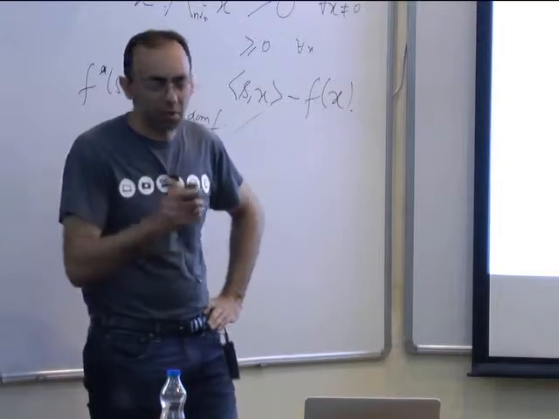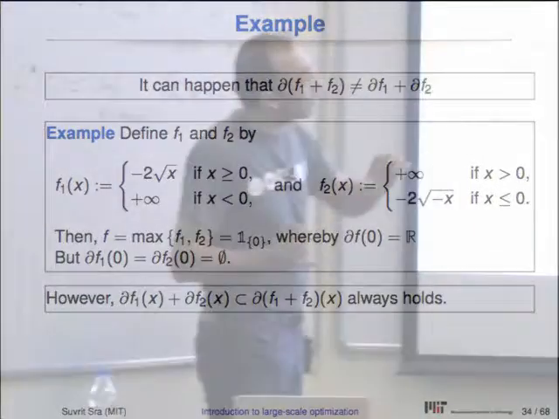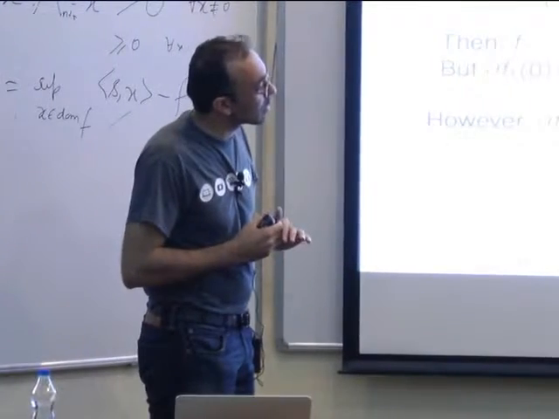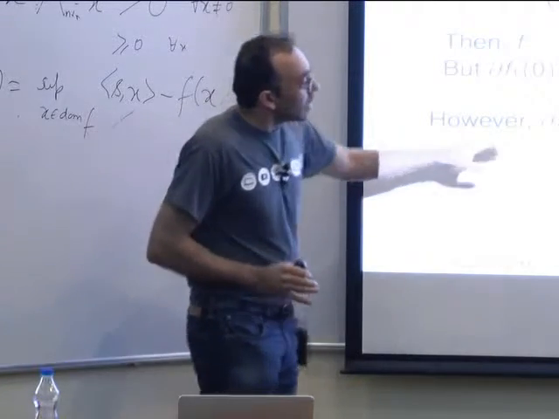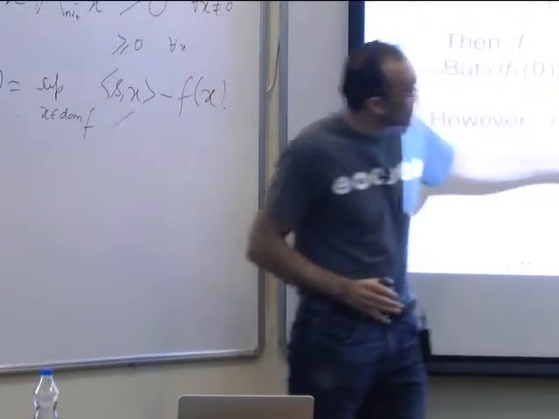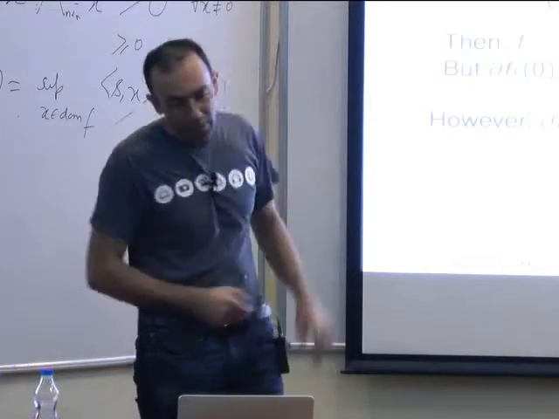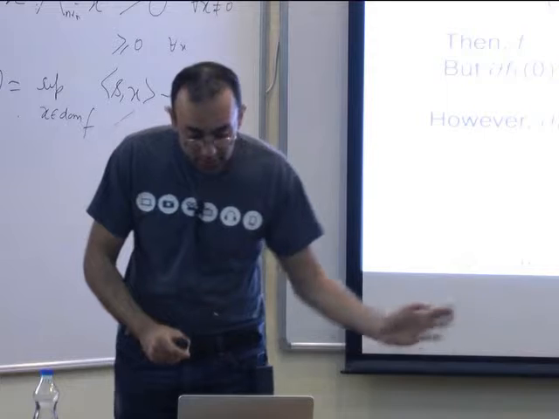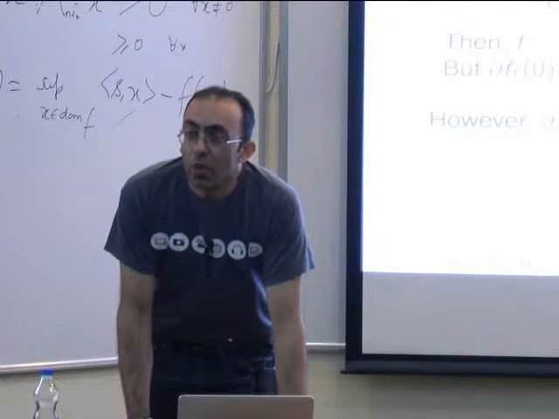There is an actual example here, but rather than go into it, I'm compressing for time because I want to tell you just a couple more interesting things. This inclusion always holds though. The right hand side is always included in the left hand side, and that's an important theorem, actually, Rockafellar's theorem.